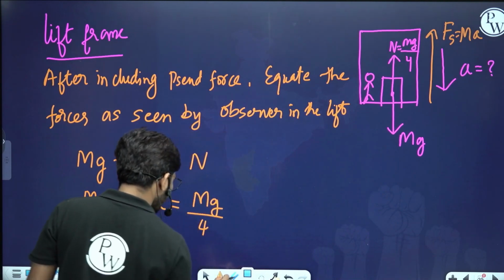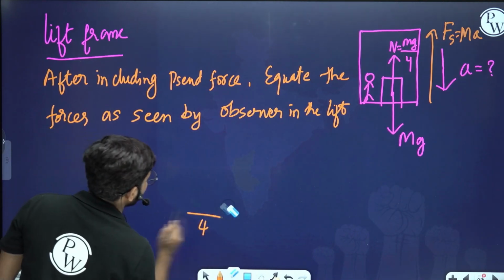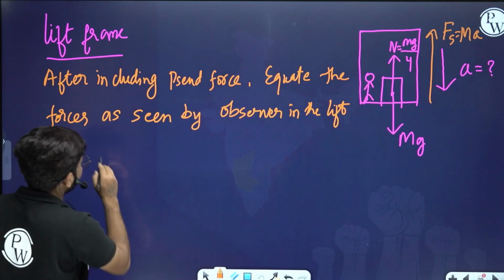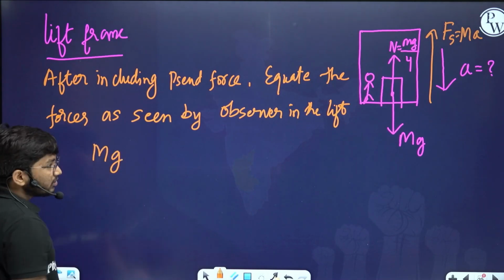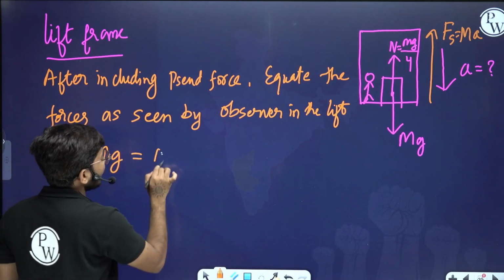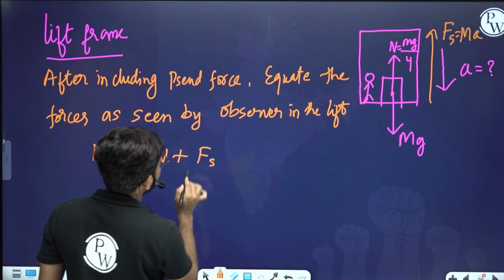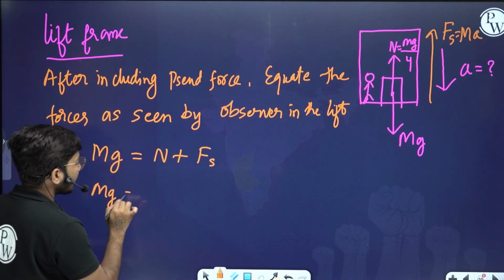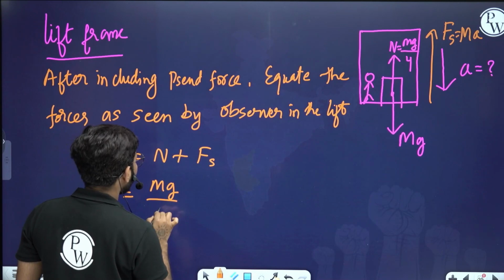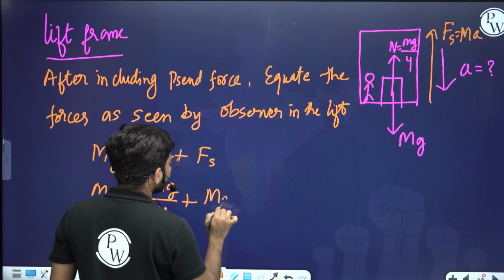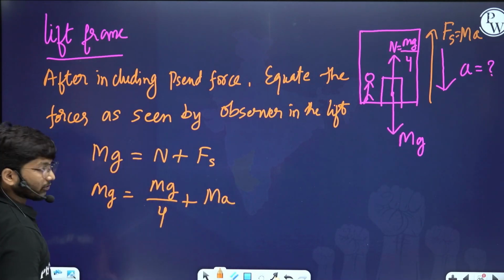So then I can rewrite this expression as mg equal to N plus pseudo force, right? N is given directly as mg by 4, and pseudo force is m into a. So I bring this mg by 4 to this side.